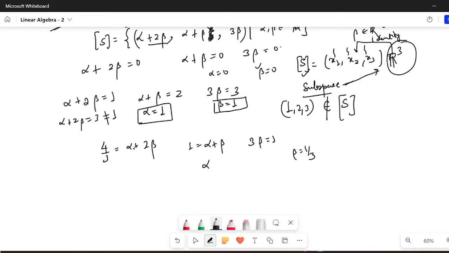And from here you can clearly see 2/3 plus 2/3 would be equal to 4/3. So indeed I can say that my (4/3, 1, 1) is contained in the linear span S. I hope it is clear.